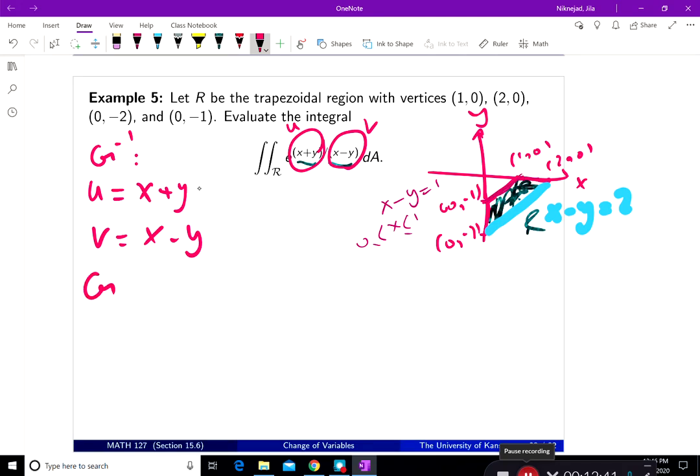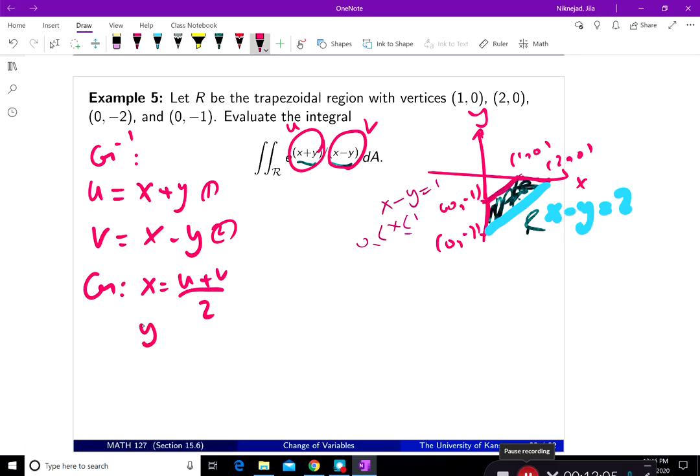If I add this equation and this equation together, I get 2x is equal to u plus v. So x is equal to (u plus v) divided by 2. This is the part that I'm trying to find for g. If I subtract the first minus the second, then I get 2y equal to u minus v.